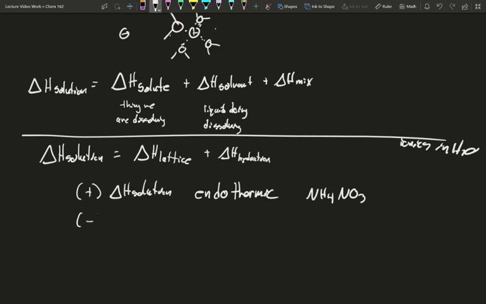If you have a negative delta H, then the amount of energy released through the mixing is much greater than the lattice energy required to break things apart, and as a result, this tends to be exothermic. Things like calcium chloride are quite exothermic.